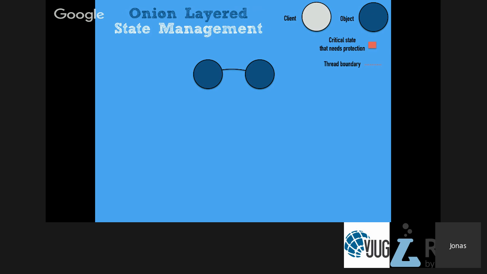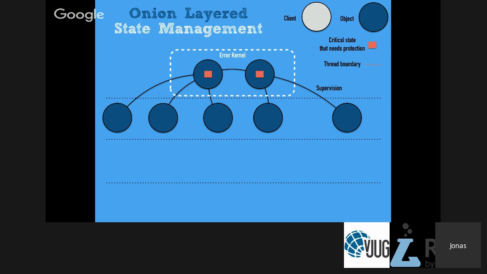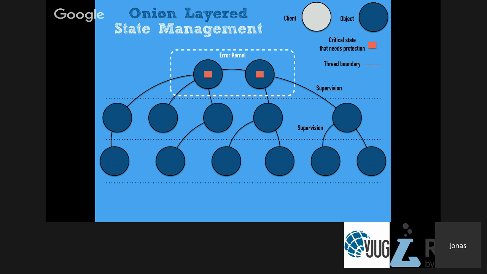Trying to explain it through some more concrete examples, we have the same legend here. The client is the white ball, the object is the blue one, and the red square is the critical state that needs protection, which you simply cannot lose. So now, if we work with this onion-layered state management, we put this critical state inside the error kernel, and then we have layers of protection where we spawn up new services, to which we delegate dangerous work.